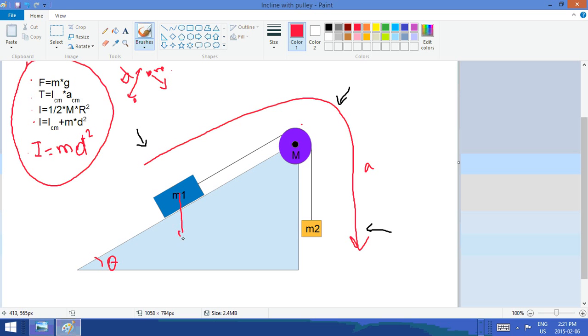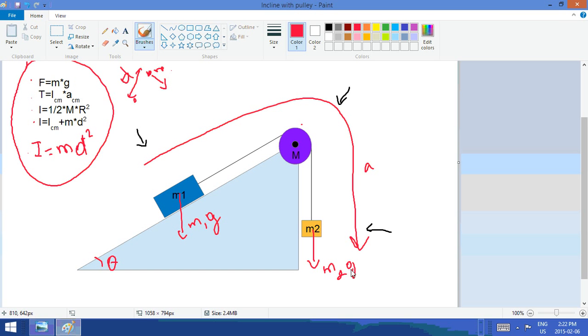Basically here we have m1 times g, we have m2 times g, and those are really the two forces which are acting on this system here.